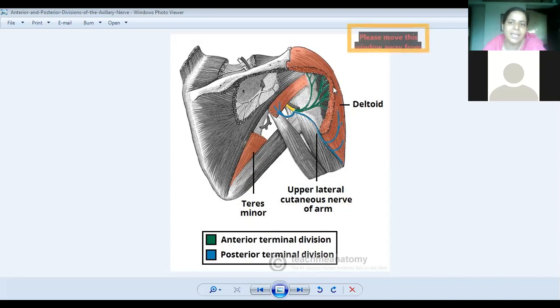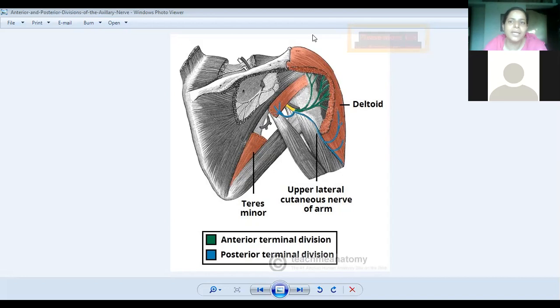You can see anterior division is going and supplying the deltoid muscle, and posterior terminal division is actually becoming cutaneous. That means it goes and supplies the skin. That name is upper lateral cutaneous nerve of the arm. So basically this axillary nerve supplies deltoid and teres minor.